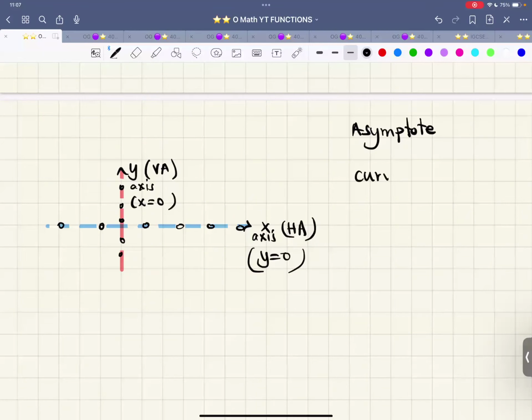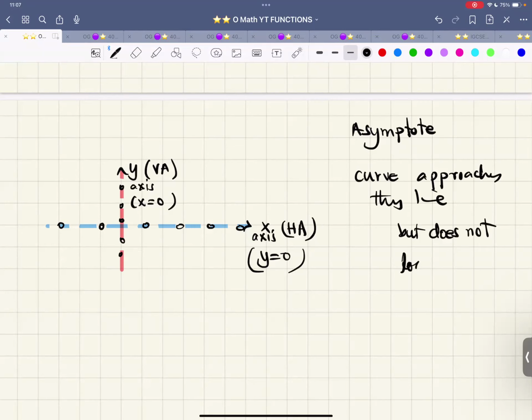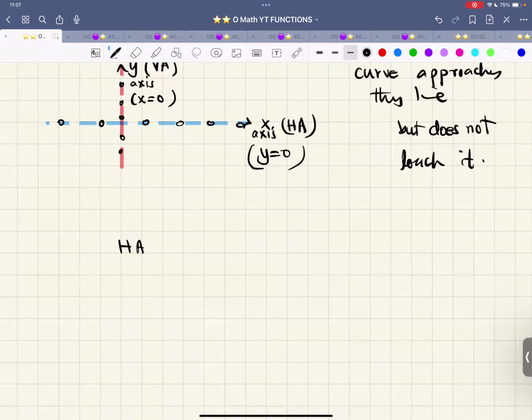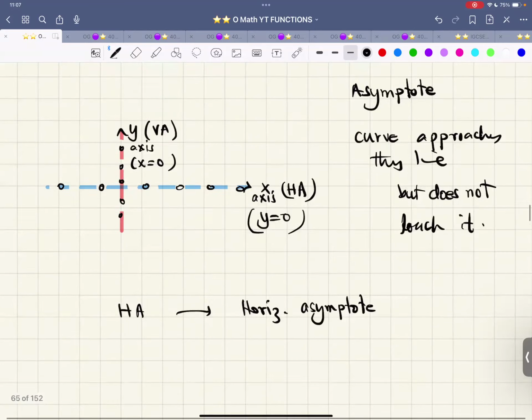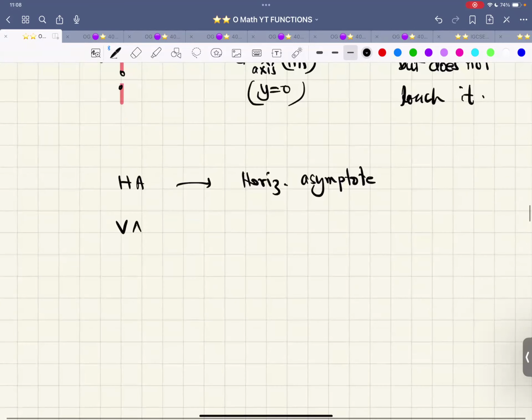The curve approaches this line, but does not touch it. So how do you show it in a graph? We call it asymptote. HA stands for horizontal asymptote. And over here, VA, that is a vertical asymptote.